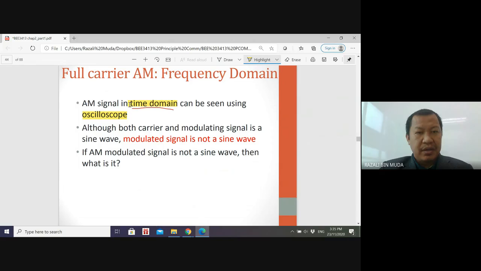For frequency domain, we can use a spectrum analyzer. So for the frequency, we are using equipment named spectrum analyzer, in order to display an AM signal in frequency domain. Although both carrier and modulating signal are sine waves, the modulated signal is not a sine wave. If the AM modulated signal is not a sine wave, then what is it?